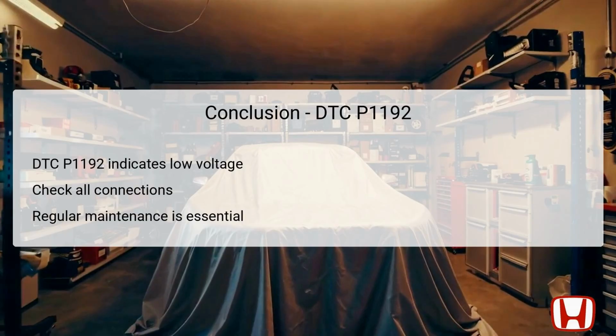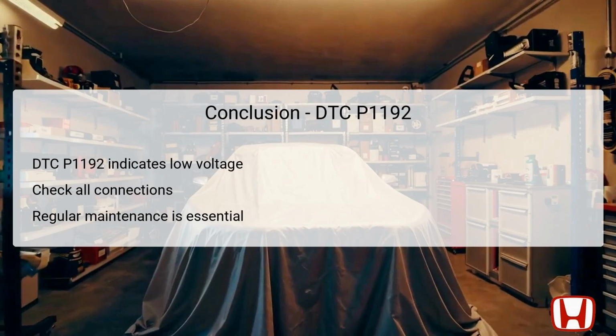Identifying the error as a low-voltage condition in the FTP sensor circuit necessitates thorough diagnostics and repairs. Checking connections, evaluating the sensor's functionality, and ensuring proper grounding are all vital steps in troubleshooting this issue effectively.